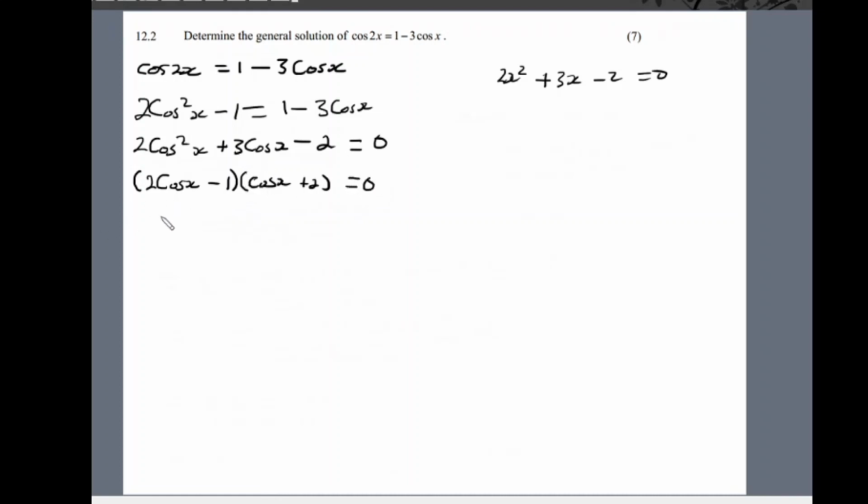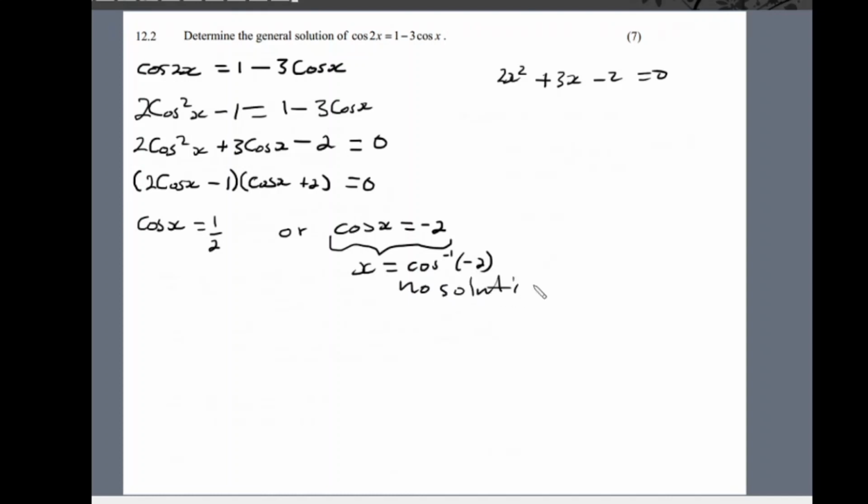So now solving for cos x, we see cos x is equal to 1 over 2, or cos x is equal to minus 2, right? So from this we see x equals cos inverse of minus 2. If you press this in a calculator, you would see we don't have any solution here, right?